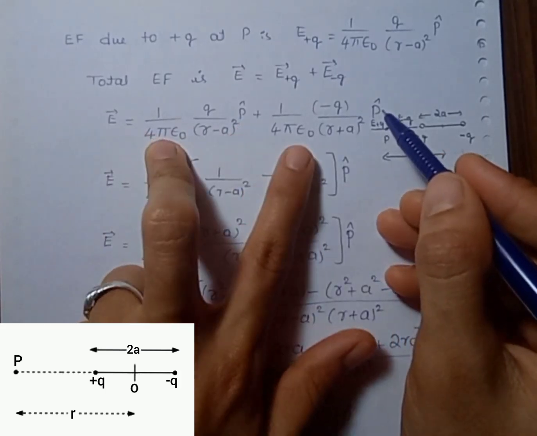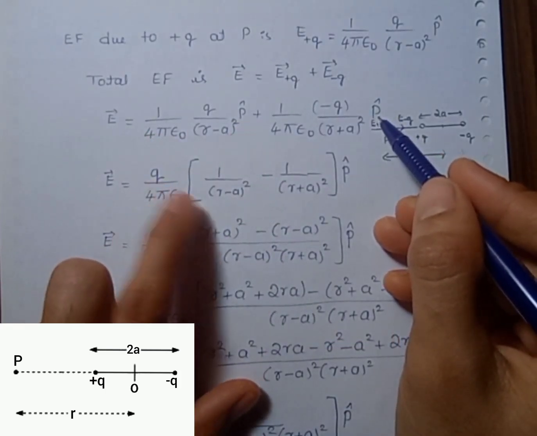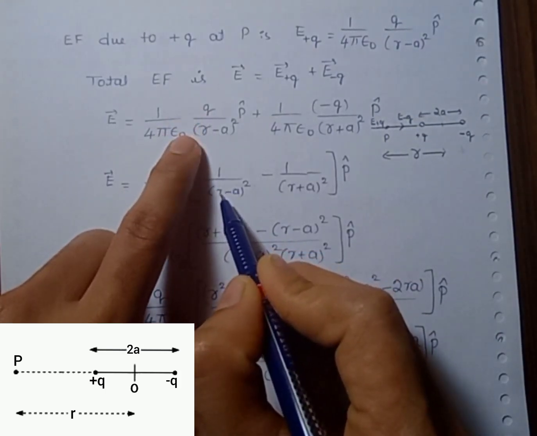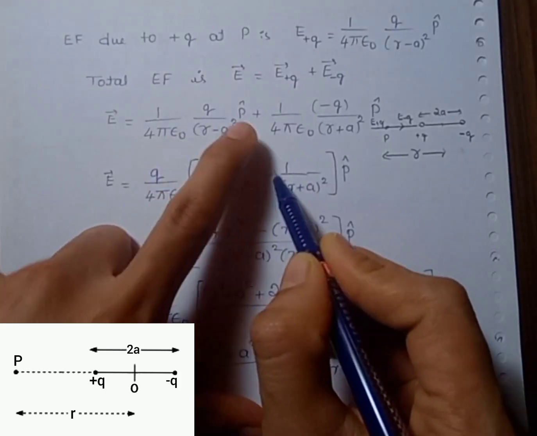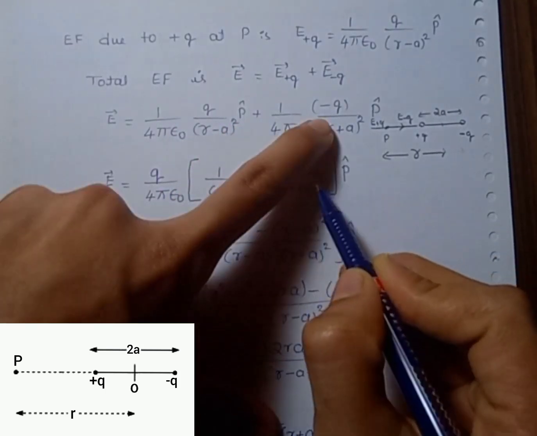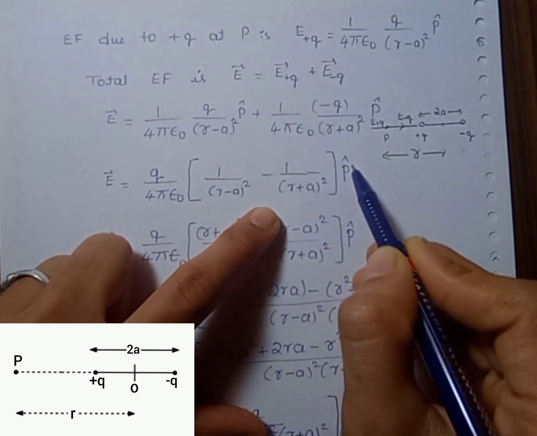From both the quantities, 1 by 4 pi epsilon naught into q is common, just take it outside. Then inside the bracket we will get 1 divided by r minus a whole square minus 1 divided by r plus a whole square into p cap.